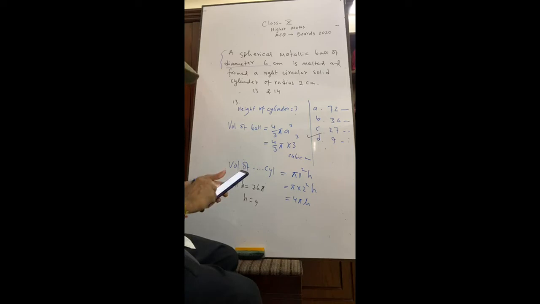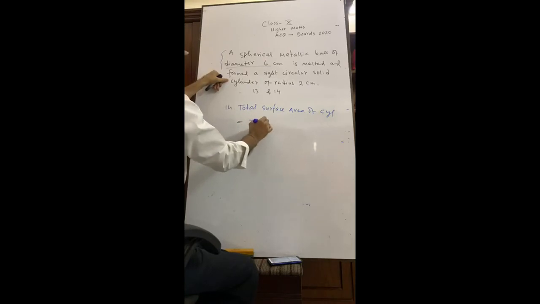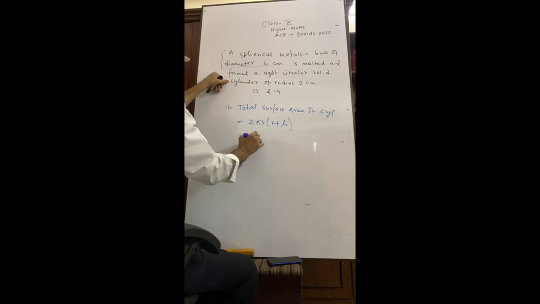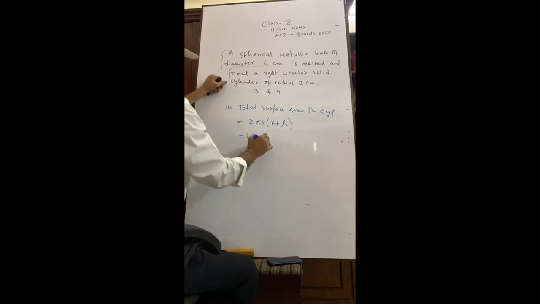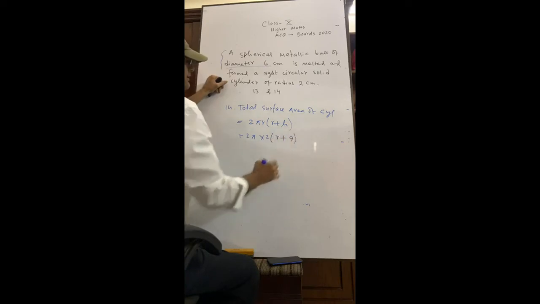Now go to question number 14. What is the total surface area of the cylinder? We know 2 pi r into, put the value, what is r? R is 2. What is height? Height is 9.